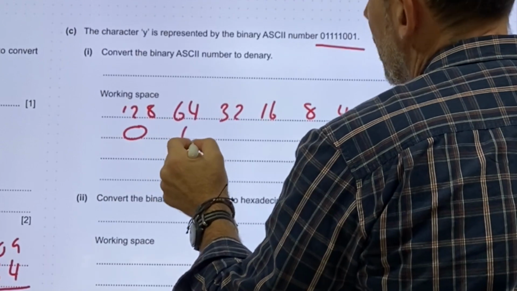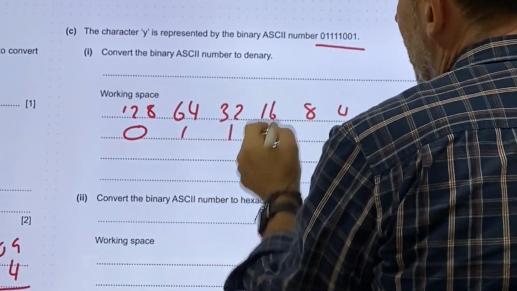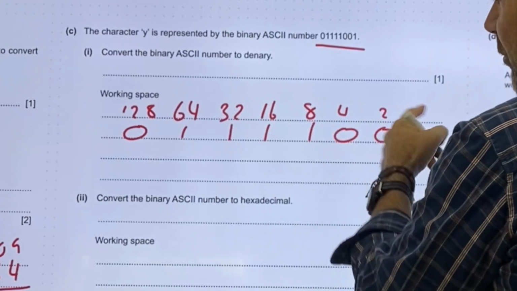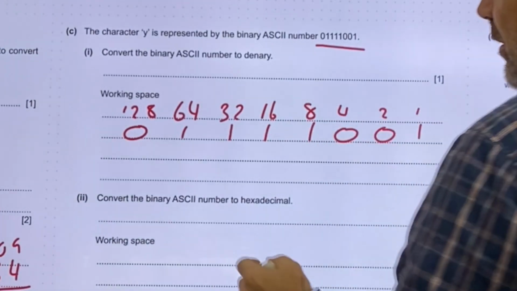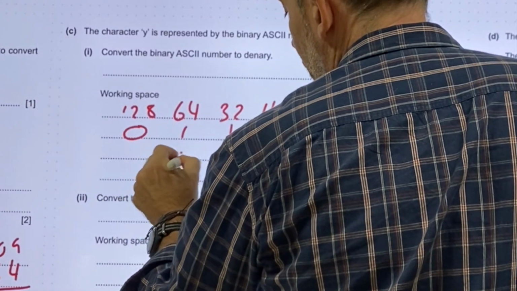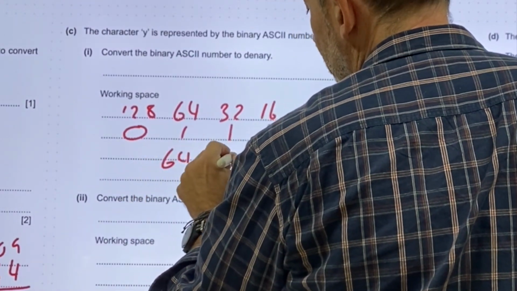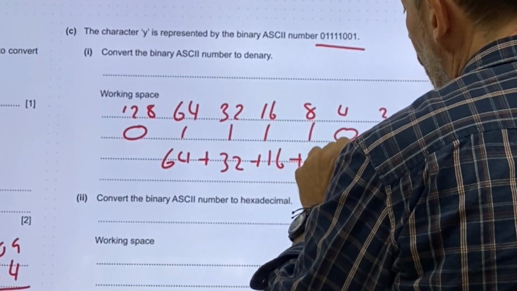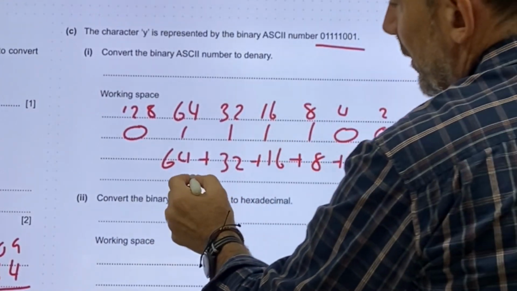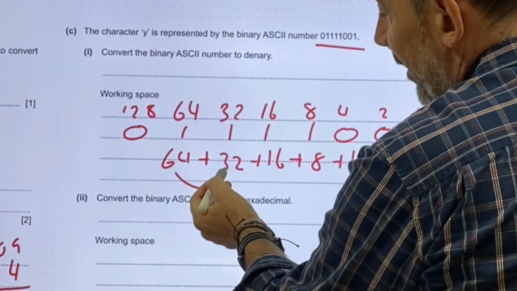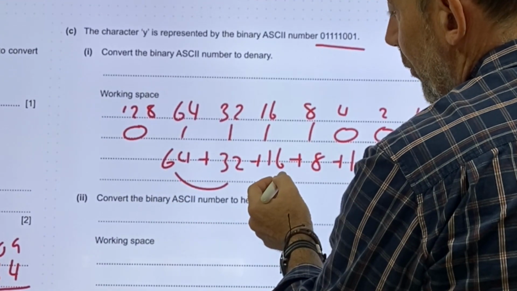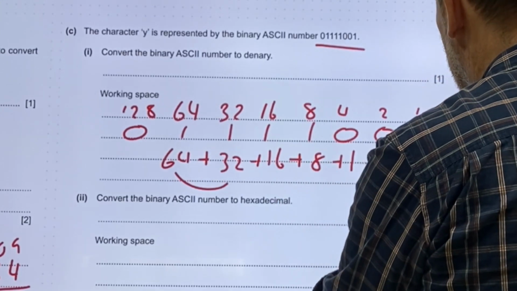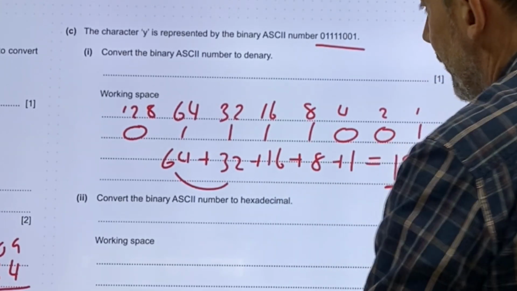I've got a 64, a 32, a 16, an 8, and a 1. So I know it's going to be an odd number to start with. So if I go 64 plus 32 plus 16 plus 8 plus 1, I should get 96, 112, 120, 121.